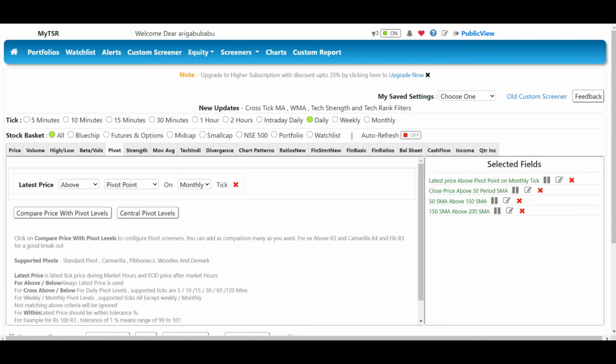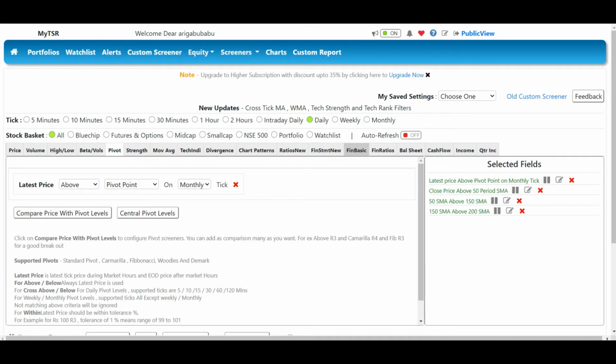Also, above 50 crore there are plenty of stocks, so you won't go out of stocks.